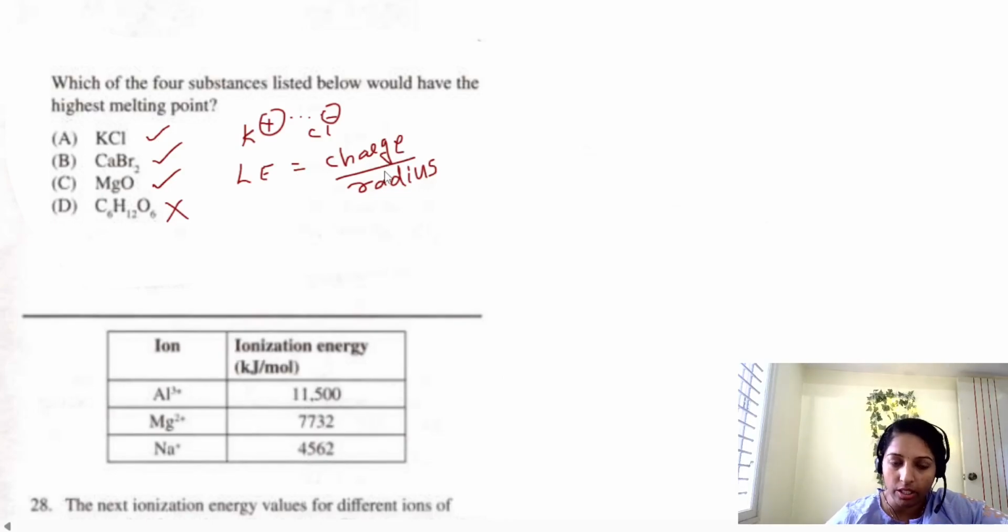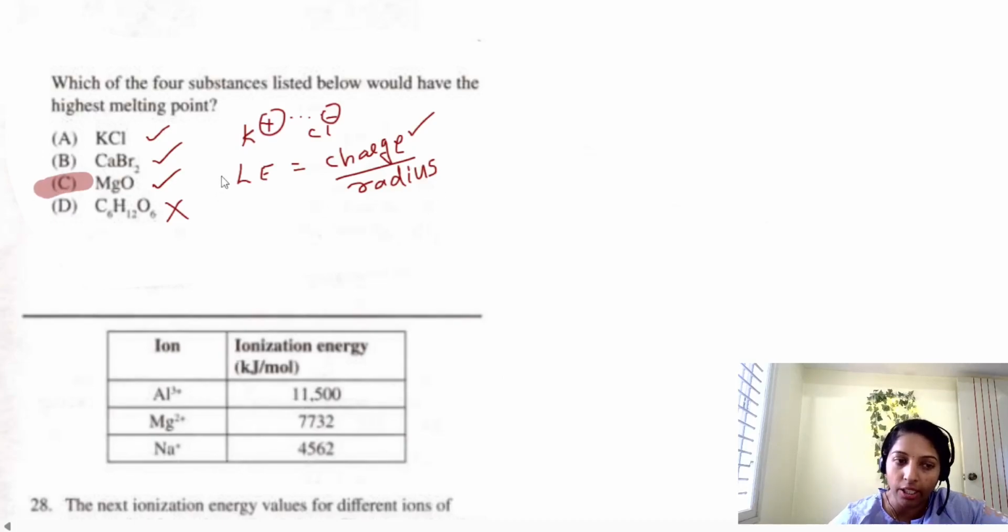So you don't need the exact ratio, you can just think about charge first. Which one has higher charge? Yes, here plus 1 and minus 1. KCl is plus 1 and minus 1 only. CaBr2, yes, that has plus 2 and minus 1, right? MgO is plus 2 and minus 2. So what may be the answer? Yes, more charge is in this one. So first you give importance to the charge.